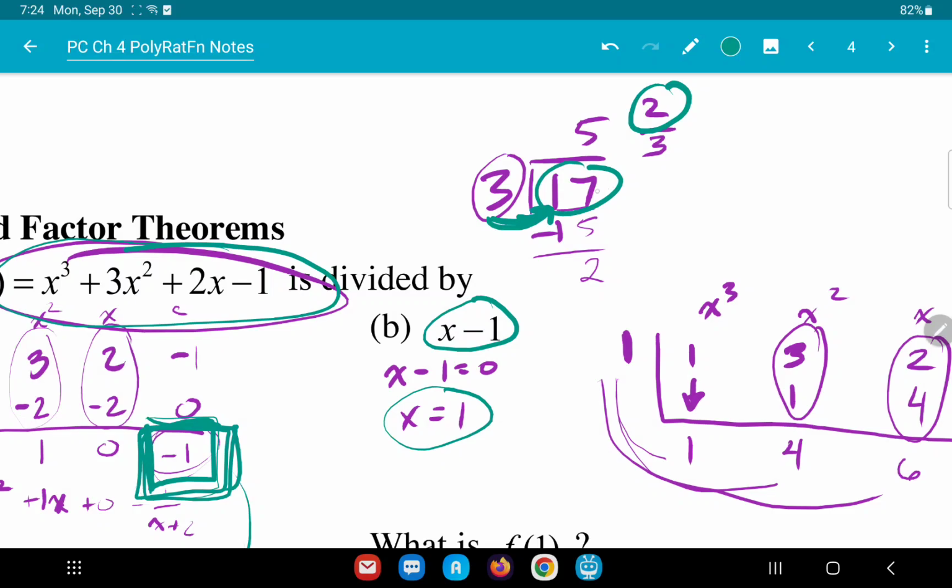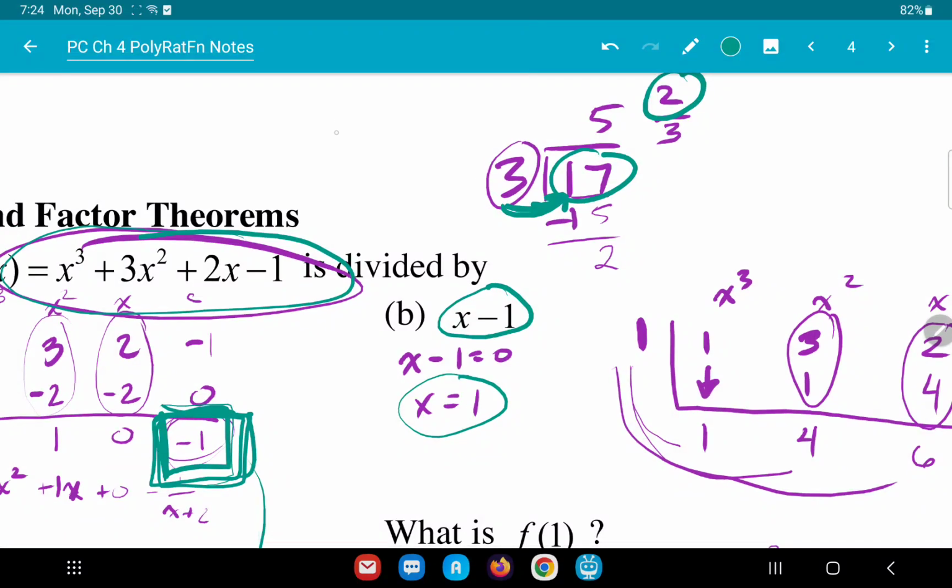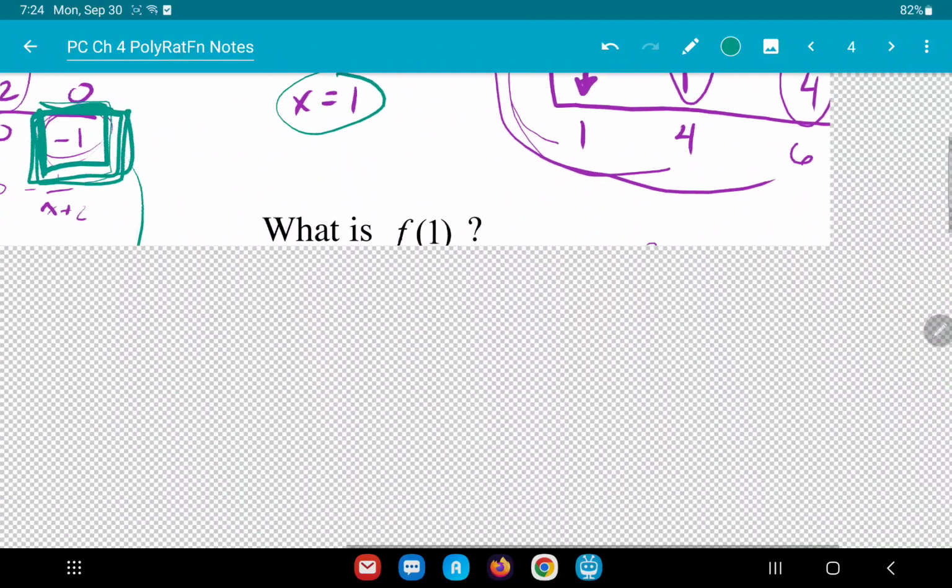That's why 3 is not a factor of 17, because you got a remainder. But if we do 3 going into 18 six times, you get a remainder of 0. That's telling you 3 is a factor of 18.